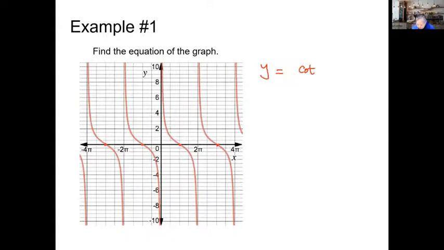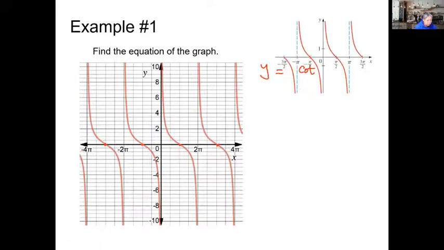And if I just take those zeros on the x-axis as it is, then if I compare this with the image of the original cotangent, let's rewrite it here. Y is cotangent here, right?